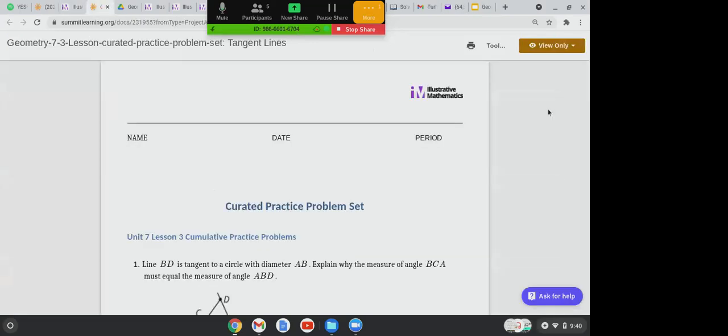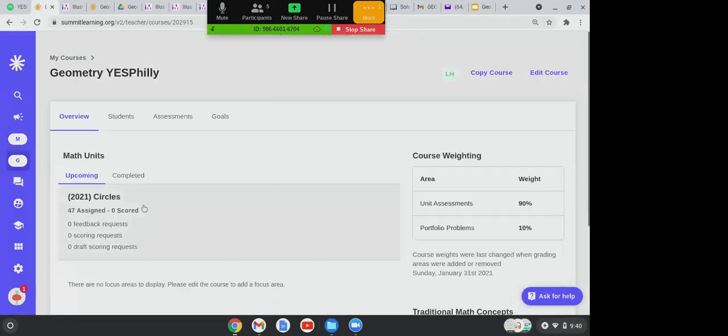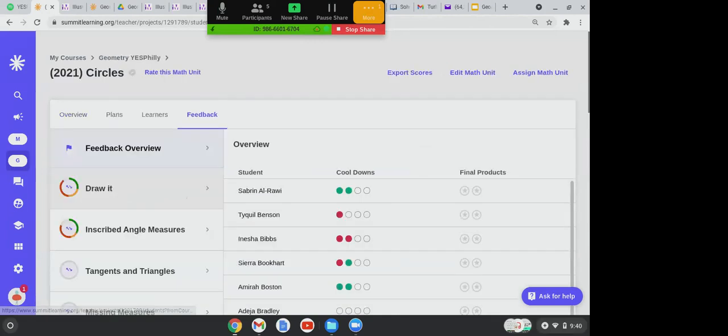Here it is. No, it's not. Let me back up. Sorry about that. All right, so geometry, click circles, and then inscribed angle measures.